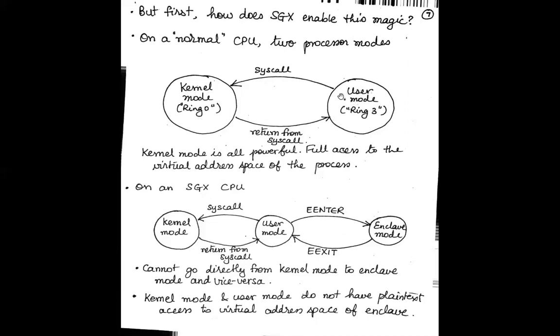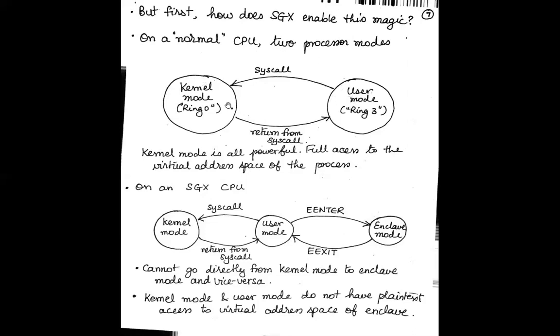So the idea is that processes typically run in user mode, and whenever you want to invoke some operating system services, you go to kernel mode. The kernel mode is supposed to be the more privileged mode where you have access to certain registers, certain data structures that you don't normally have access to within the user mode.